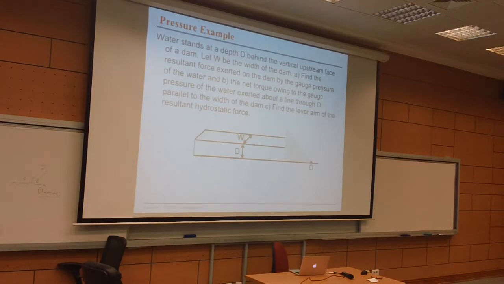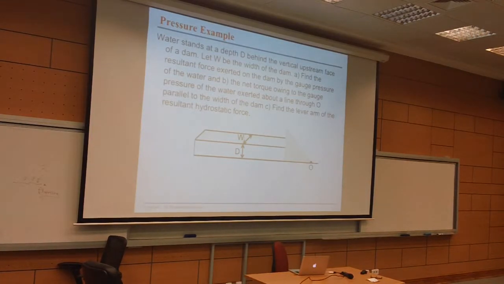So who solved the problem? What was the definition? The resultant force? No, the rules to solve this problem. Well, this is what we talked about in the last lecture, right?